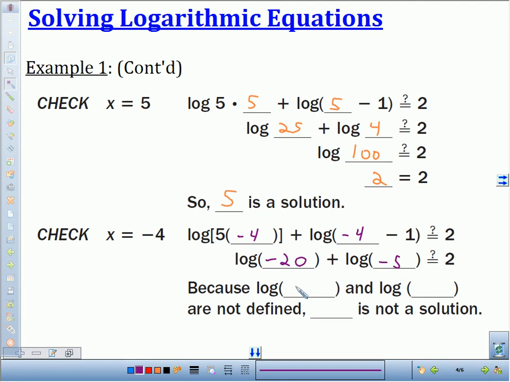However, log of negative 20 and log of negative 5 are not defined. If we tried to graph or evaluate them, the calculator would freak out. They don't exist. Since neither one of these exists, negative 4 cannot be a solution.